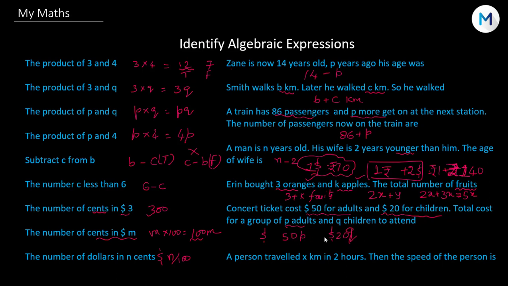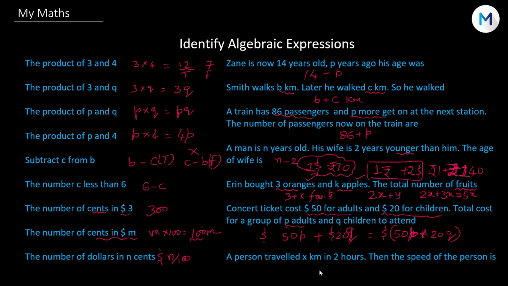So the total cost in dollars will be 50p plus 20q. You cannot add p and q here because they are different denominations. One is 50, one is 20. p and q are different, so you have to leave it as 50p plus 20q.